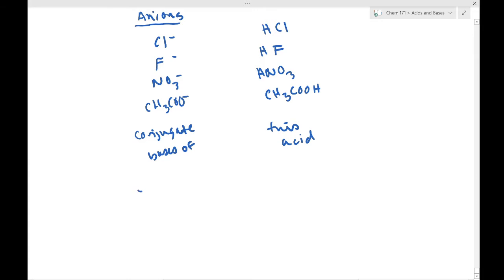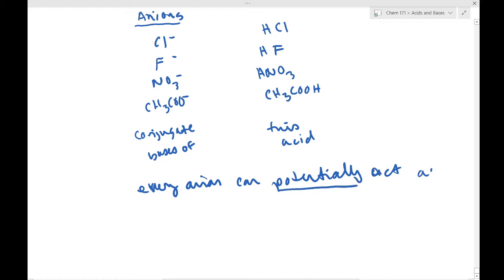Okay, so every anion can potentially act as a base, but not every anion does.